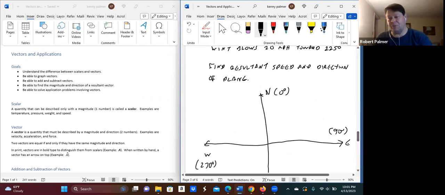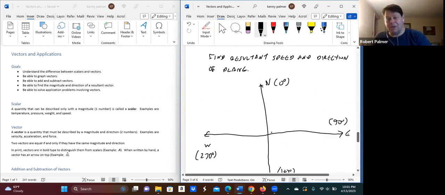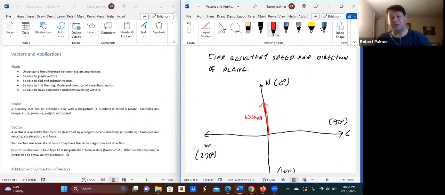It's traditionally done. So what we have is our plane flying this direction. In fact, let me use a different color. Okay, so our plane is flying this direction at 100 miles per hour. That's the vector, its direction and speed. That's the plane, flying at that heading.